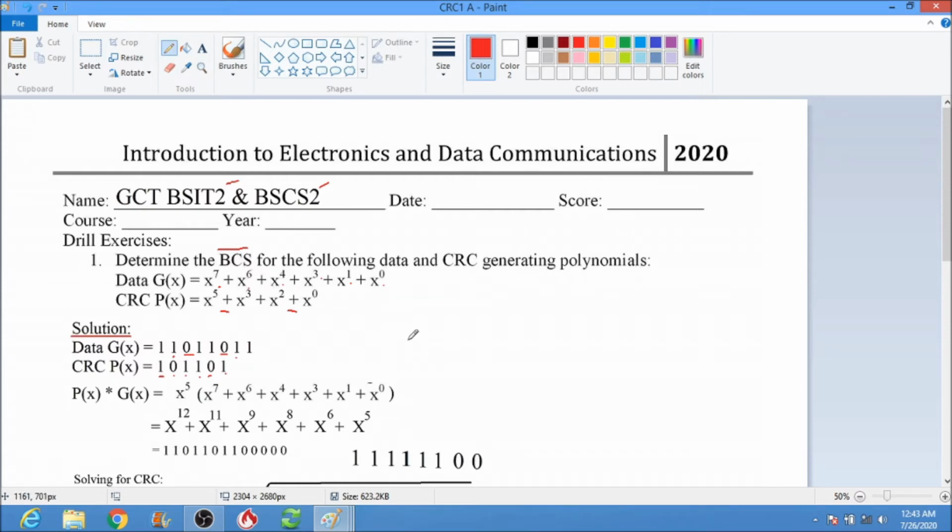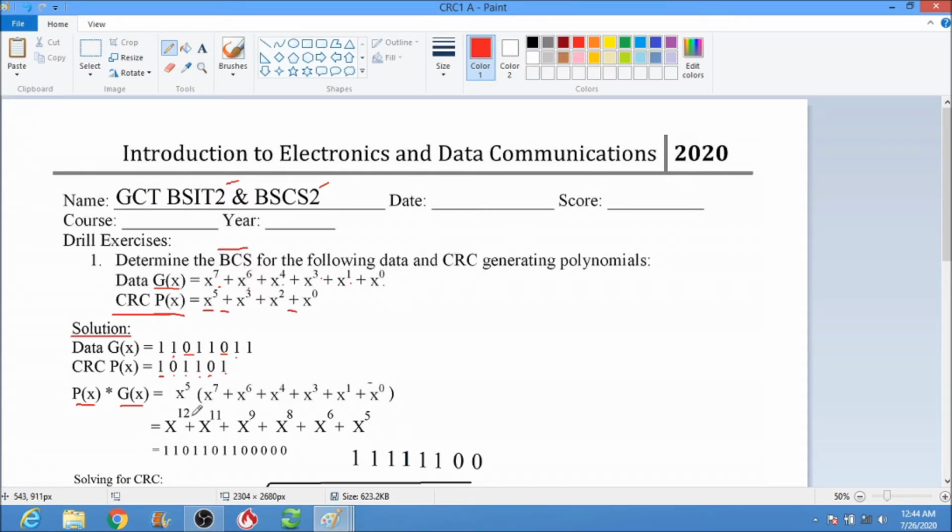The next step is we multiply the highest exponent of CRC P(x), our generating polynomial. So x raised to 5 is the highest exponent, so we multiply x raised to 5 to data G(x). x raised to 5 times x raised to 7, we simply add the exponents.